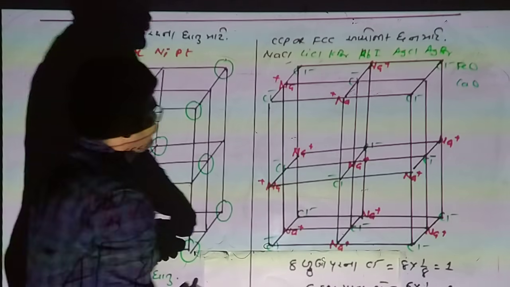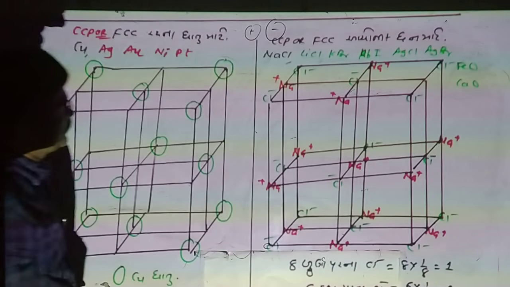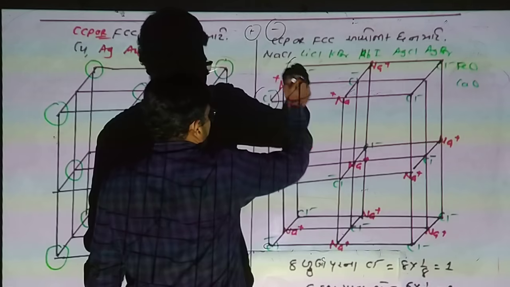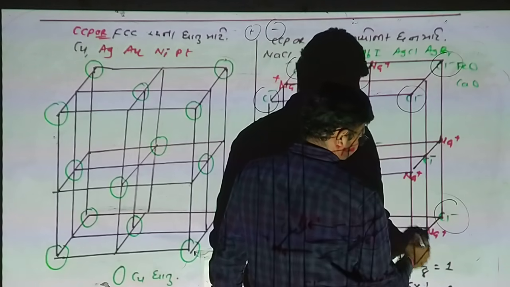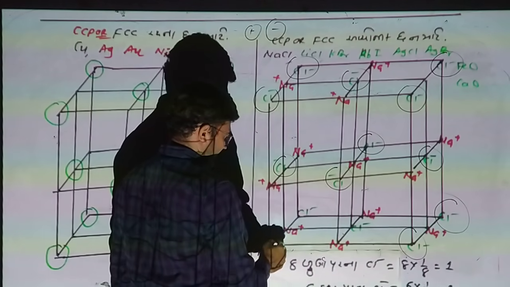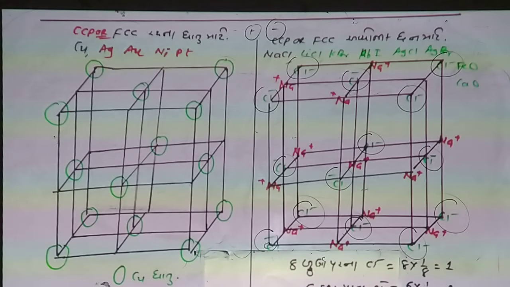In ionic compounds, in most cases, the negative ion is big and the positive ion is small. So the negative ions make the crystal. You can see the chloride ions make a structure which is FCC: 8 chloride ions on the corners and 6 on the face centers.